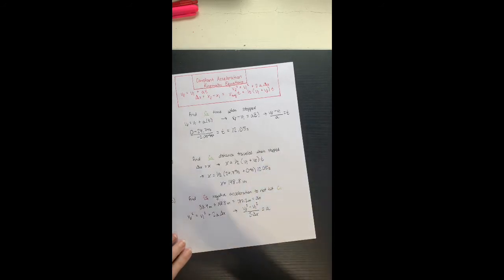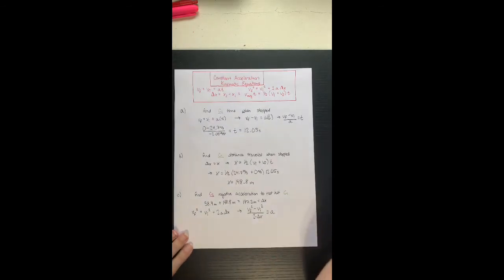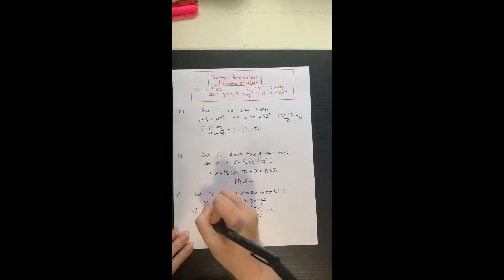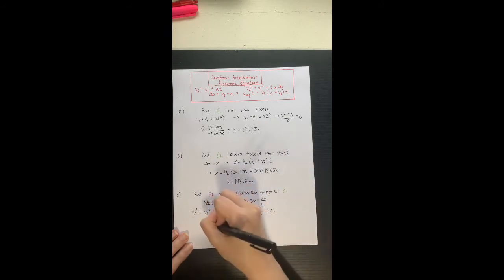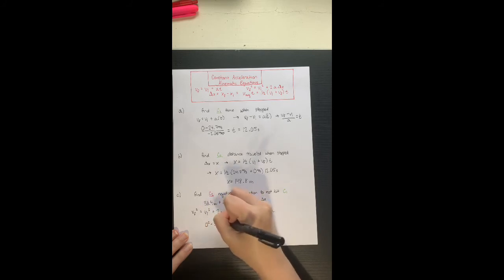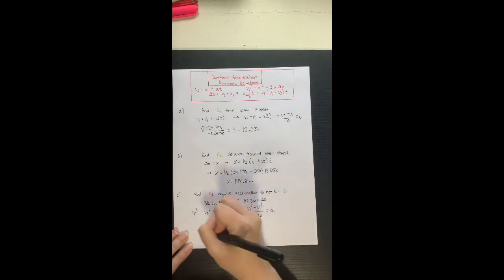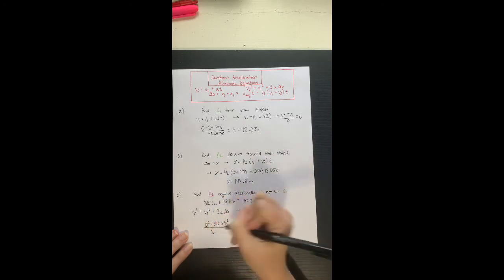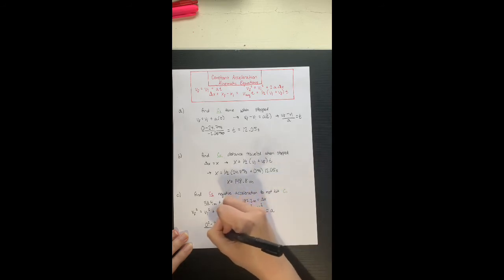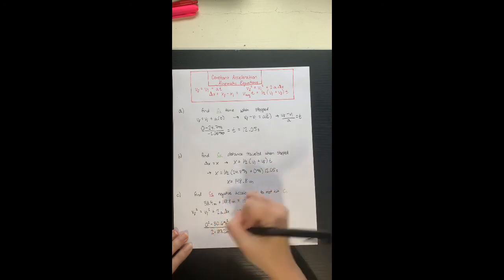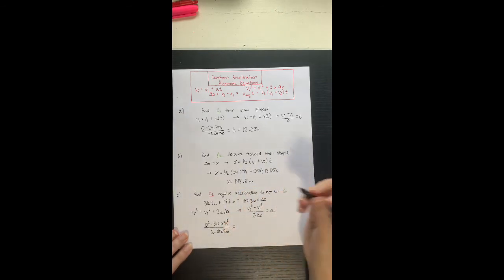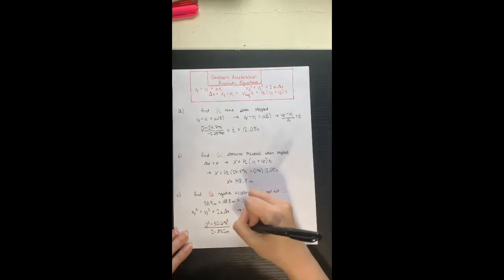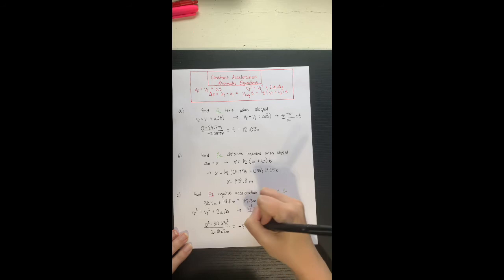So now we just need to plug in the rest of our values. We have final velocity of 0 squared minus an initial velocity of 30.6 meters per second squared, over 2 times 187.2 meters, equals, and when you do all the math on your calculator and work it out, you get negative 2.50 meters per second squared.